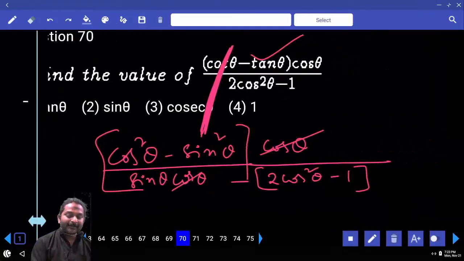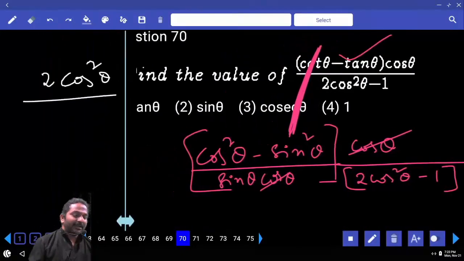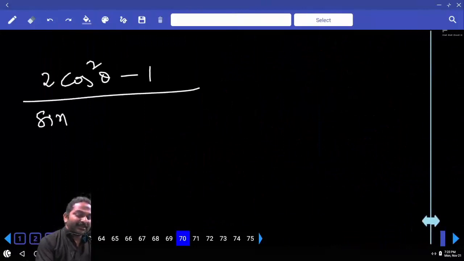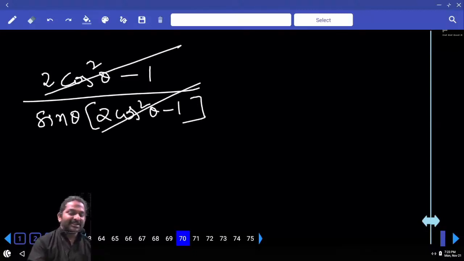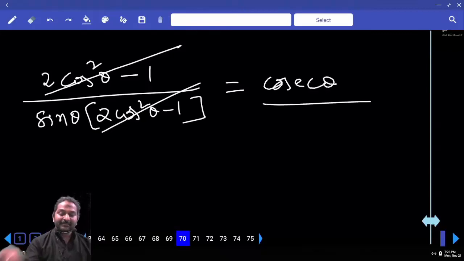That's the numerator. In the denominator, what is there? Sin theta into 2 cos square theta minus 1. Gets cancelled. 1 by sin theta, cosecant theta. Yes.